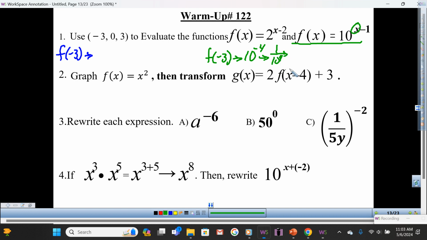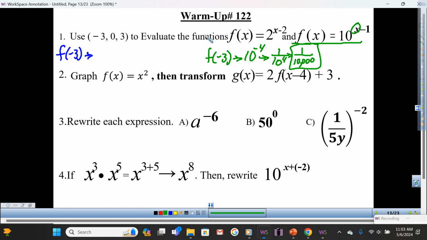Ooh, so far so good. Hold on, I have it frozen, sorry. So 10 to the power of -4, 1 over 10 to the power of 4, hold on. And what does that become? Let's go. Have you got that? Okay, good.